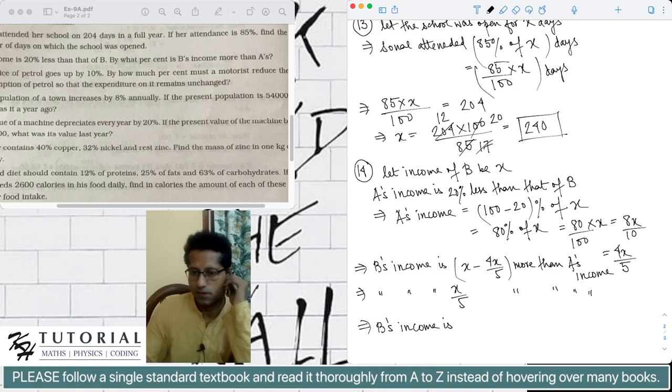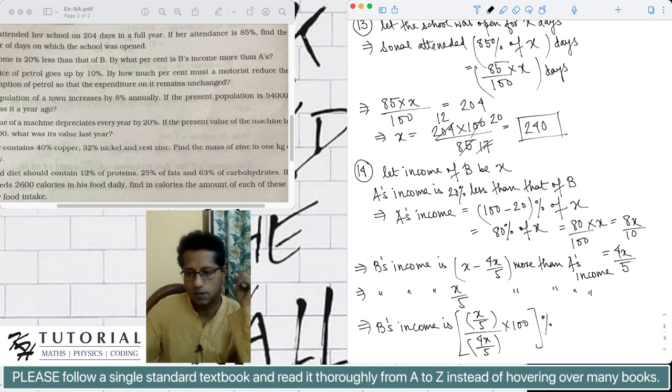So B's income is X by 5 divided by 4X by 5 into 100% more than A.